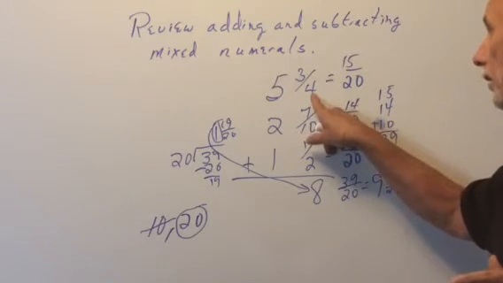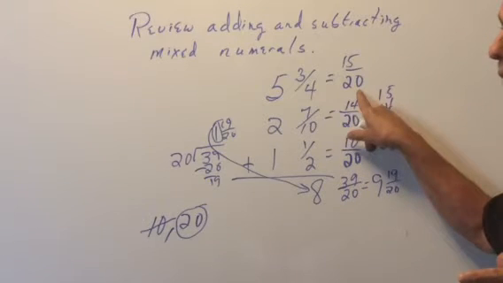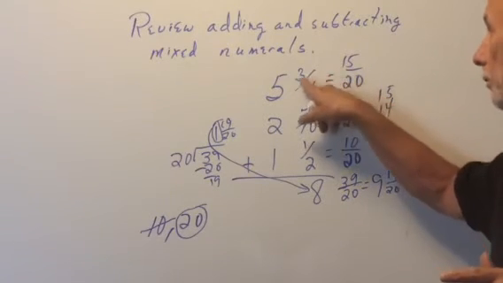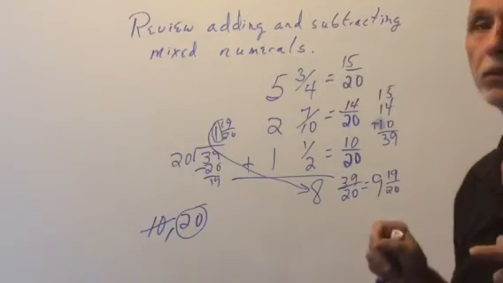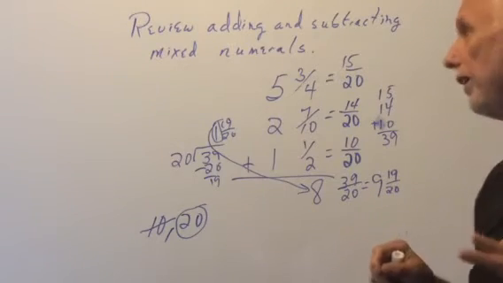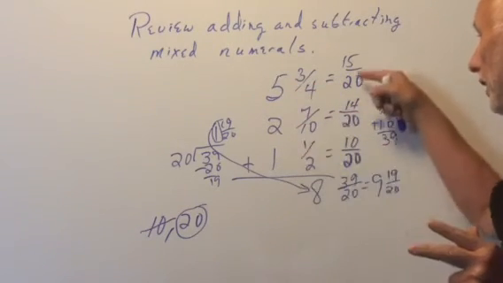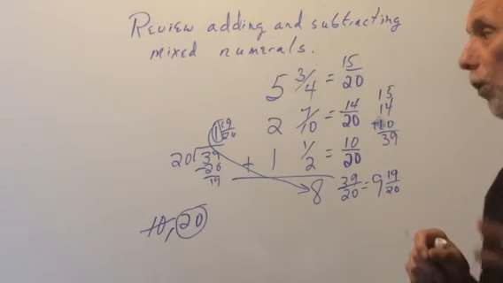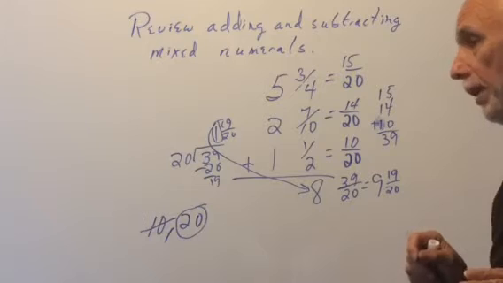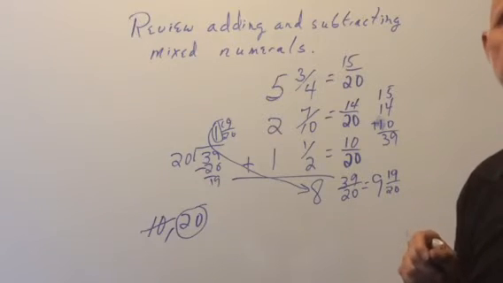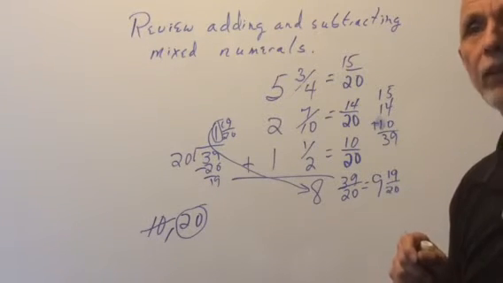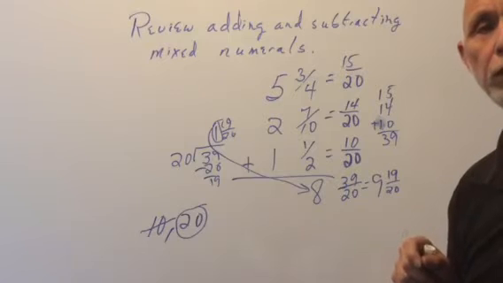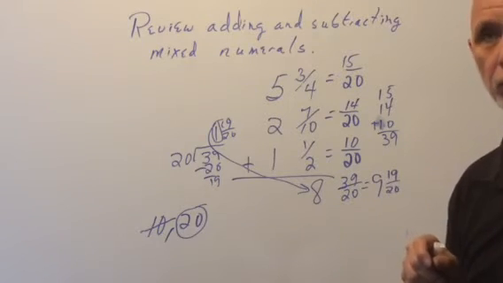Divide the old denominator into the new denominator, get an answer, multiply it times the numerator to get the new numerator. Number 3, add the whole numbers and the numerators, keep the denominators the same. Number 4, make it proper, and number 5, make sure it's simplified. And again, those are the steps you always use to add mixed numerals.